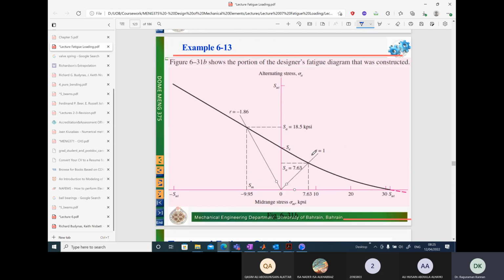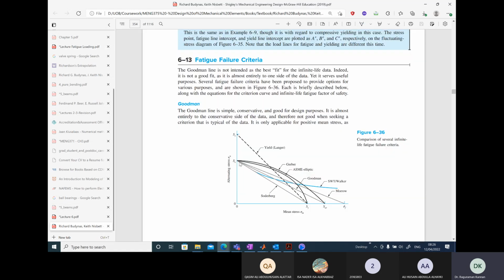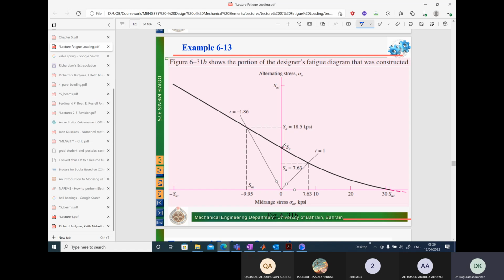In this example problem, you are given how a Smith-Dolan locus looks. Now, if you compare to the other theories for ductile materials, such as your Gerber curve or ASME elliptic, looking from the bottom they are convex, and from the top they are concave. If we go back to the Smith-Dolan locus, it is not concave from the top but convex when looking from the top.